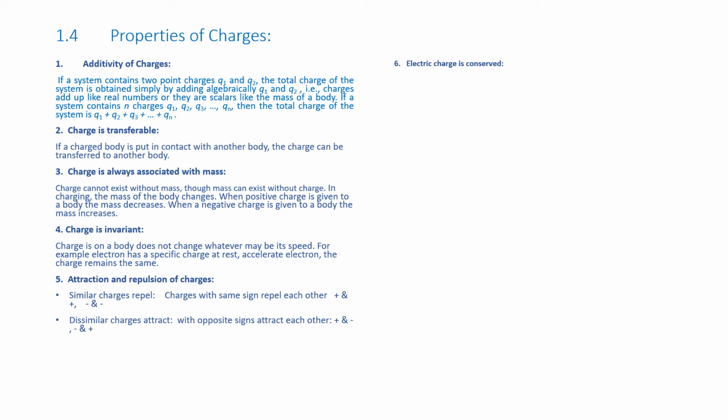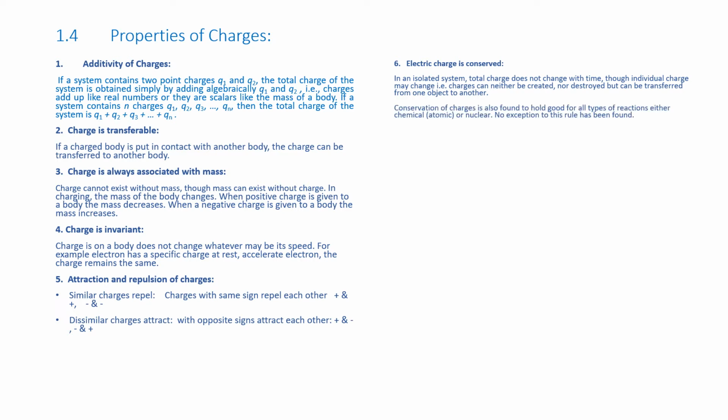Electric charge is conserved. In an isolated system, the total charge does not change with time. Though individual charges may change, charges can neither be created nor destroyed, but can be transferred from one object to another. So, this property is called conservation of electric charge.